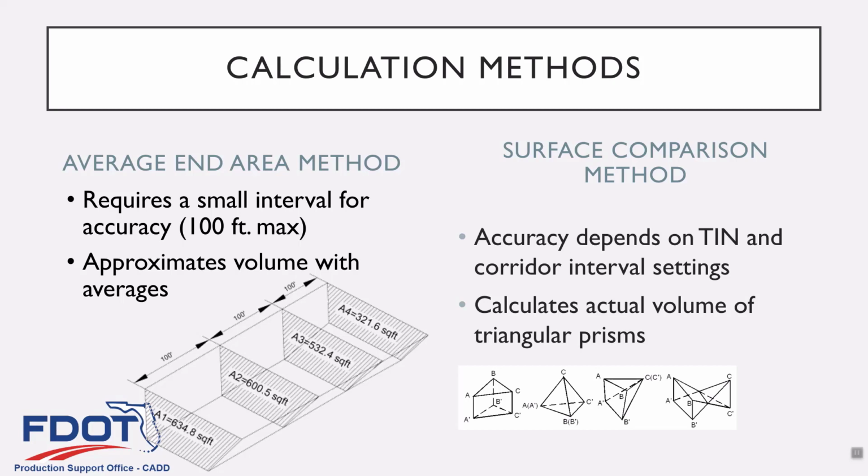And where you don't need as much accuracy is typically on the straight sections, where there's not a lot of change happening in the corridor. I mean, there could be change happening in the earthwork at any point, but certainly if there's change happening in the actual corridor, you want to account for that. And of course, if you add key stations anywhere, that's basically another interval.